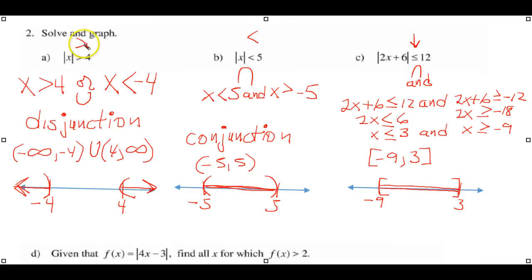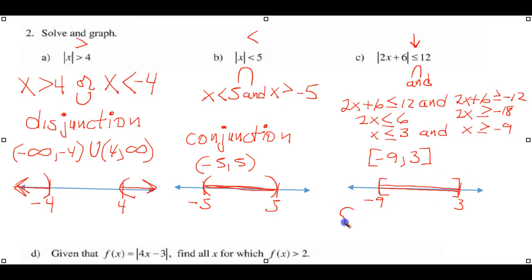Now, in the instructions, they're not asking us to put it in set builder notation, but I see as one of the answers below they do. So let's put this, or any of these, in set builder notation.